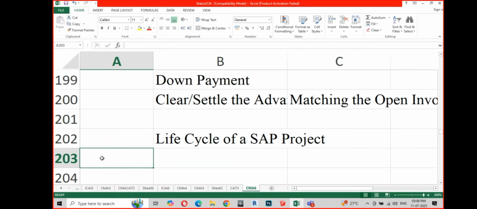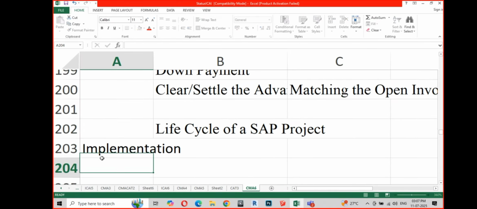Even before I start off on the life cycle, what are the different types of SAP projects? Implementation projects.